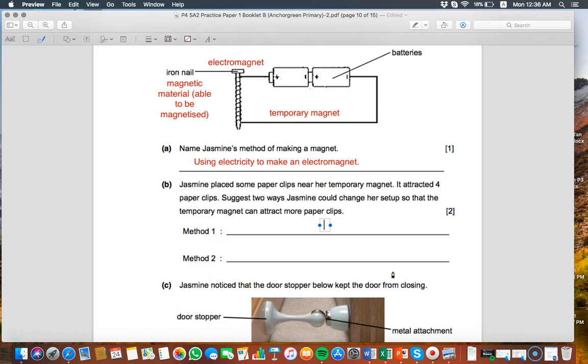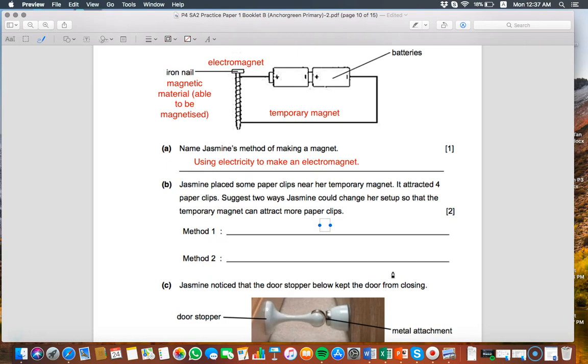Alright? Okay, part B. Jasmine placed some paper clips near her temporary magnet. It attracted 4 paper clips. Suggest 2 ways Jasmine could change her setup so that the temporary magnet can attract more paper clips. Okay, remember the previous experiment we did in the science room? So we changed 2 variables.